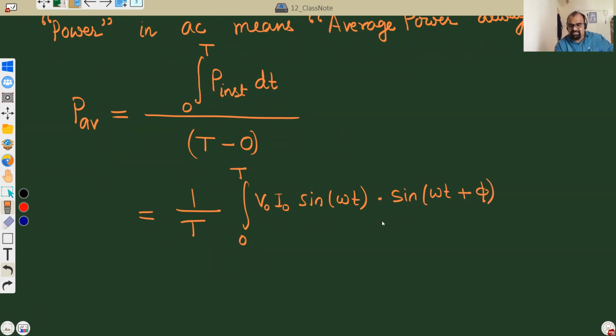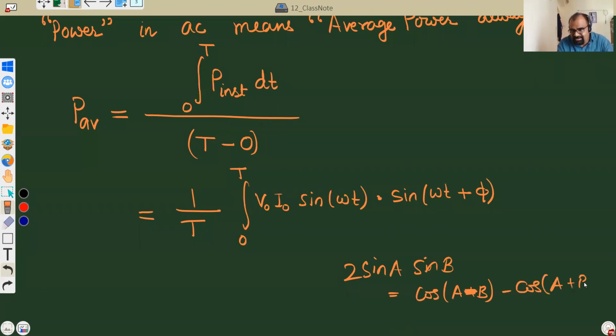Now here the integration of this can be done only if we use a little bit of trigonometry. Okay, we use 2 sine A sine B formula. 2 sine A sine B is equal to cos of A minus B minus cos of A plus B. Am I correct?